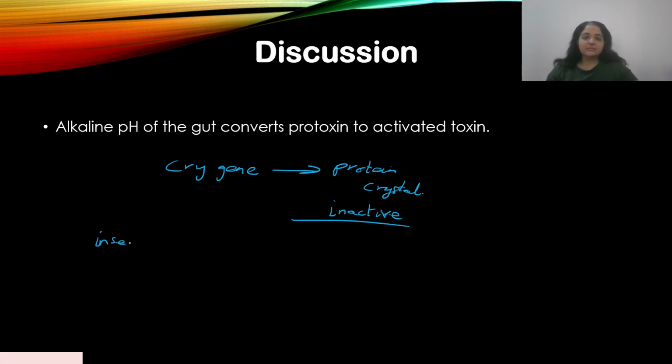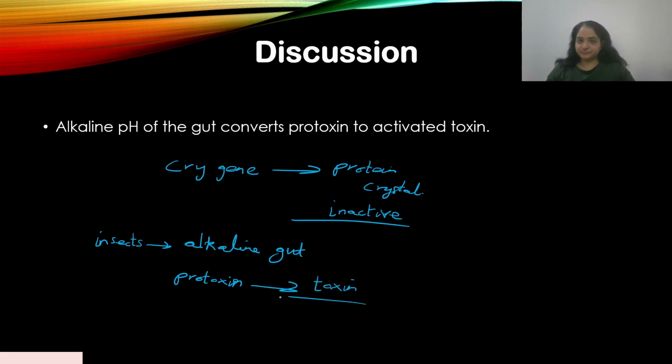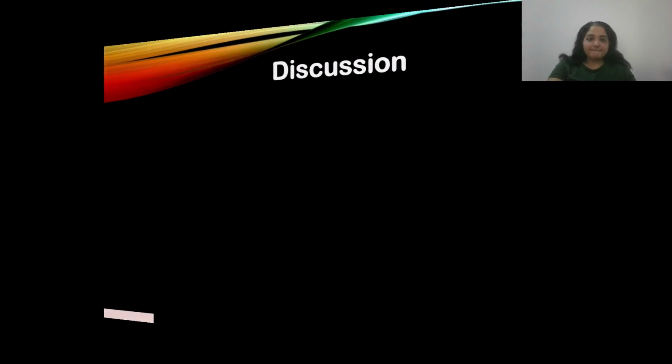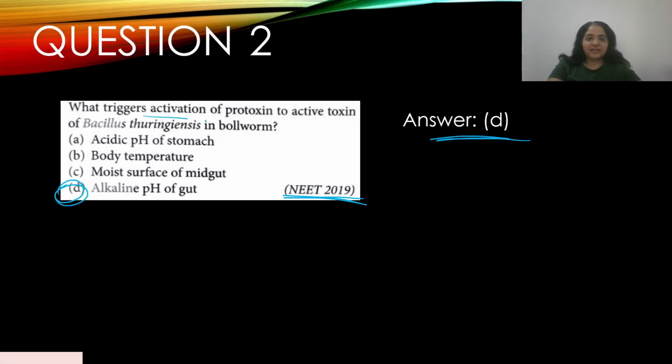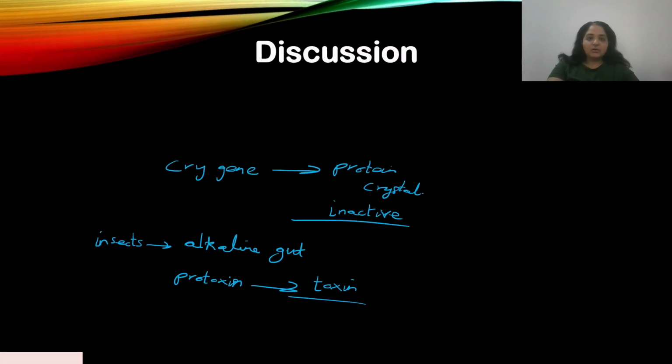Insects have an alkaline gut, and that converts the protoxin, which is in the inactive form, to toxin. That pretty much summarizes how these protein crystals work and how Bt cotton and Bt corn were created. What triggers the activation of protoxin to active toxin? Alkaline pH of gut. So that answers our question.